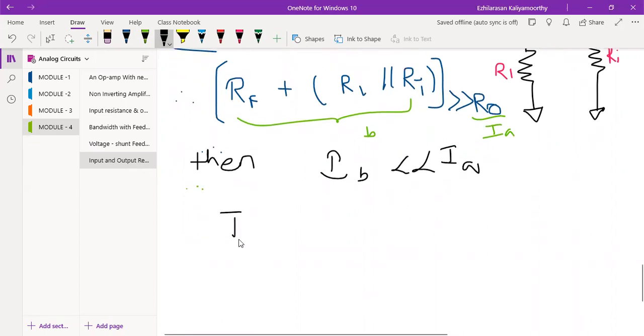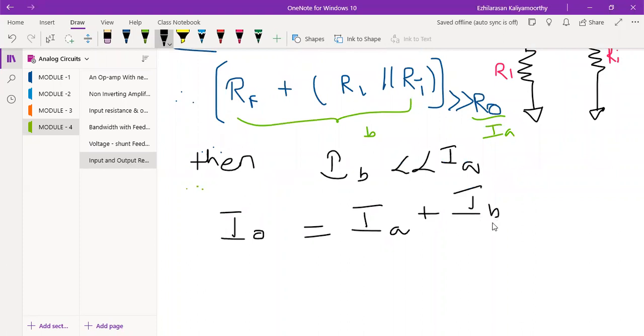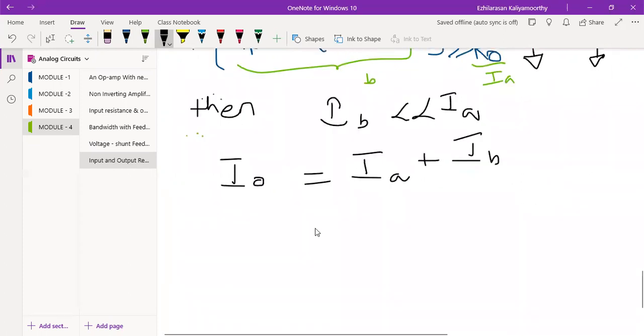If this is the case, then what will be your I0? I0 will be equal to IA plus IB, correct? IA plus IB, where IB is very much less than IA. Then I0 will be approximately equal to IA, because of this expression.